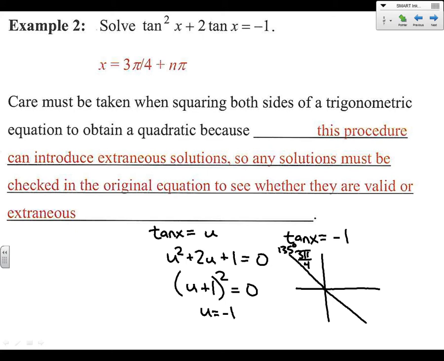And notice that we're going to spin around not a full circle to get back here, but just a half circle to get to our second answer. So we're going to have 3 pi over 4 plus pi n, not 2 pi n. All right, if we went back in and checked this, plug this into your calculator and make sure that it does come out okay, and it will. So we're going to be all right, and that'll be our solution.